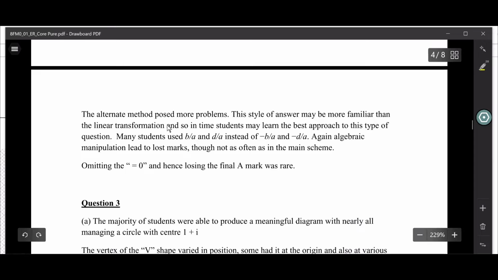The alternative method, which is the method I used, that gave more problems, interestingly. And this style of answer may be more familiar than the linear transformation, and so in time students may learn the best approach to this type of question. Many students use b over a and d over a instead of minus b over a and minus d over a.